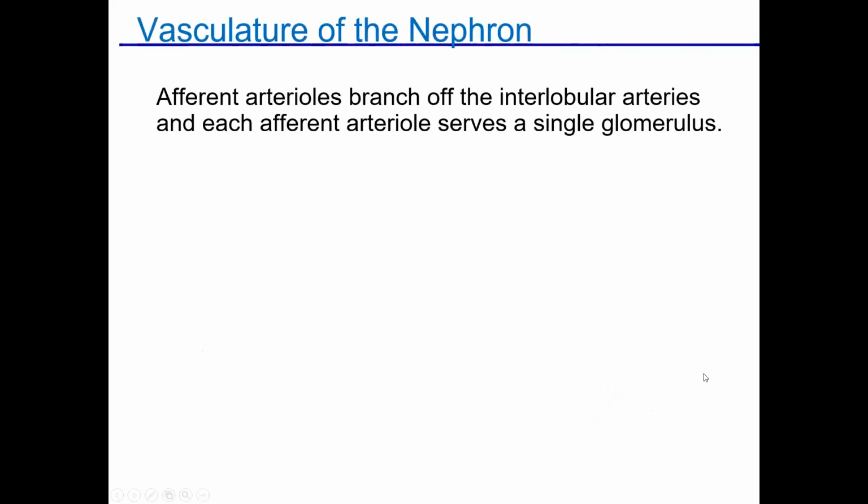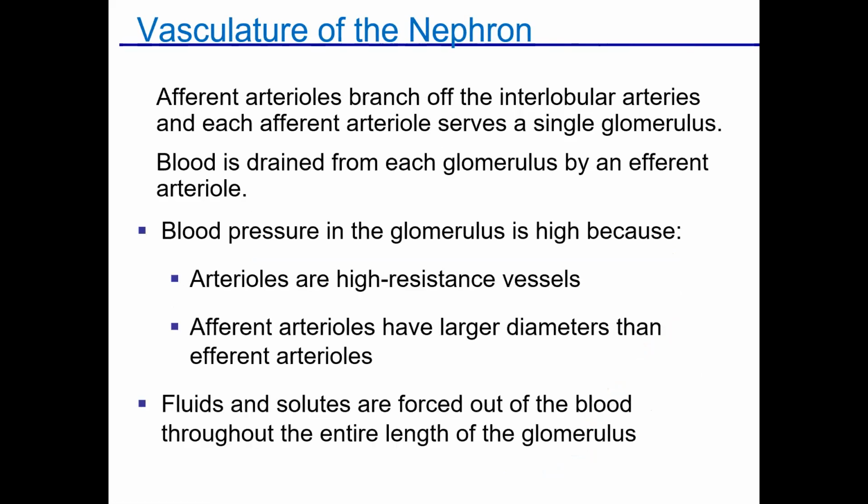I just said all that. Something to point out is that the afferent arterioles are going to be larger in diameter than the efferents, so your pressure is always going to be higher in the glomerulus to force things out. Not real high, not like 120 millimeters, more in the neighborhood of 25 to 40, maybe 60 millimeters at its greatest.